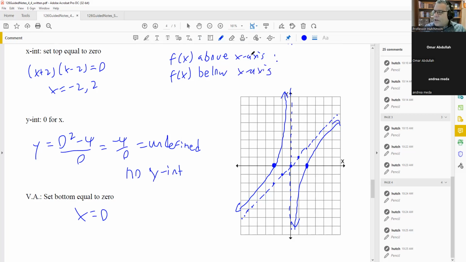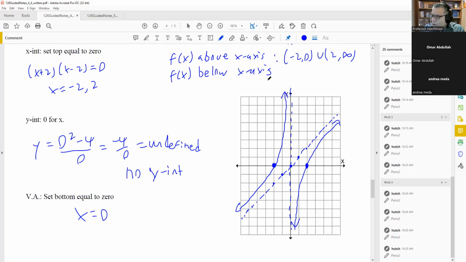So f of x above the x-axis, it's above between -2 and 0. And it's also above this section right here from 2 to infinity. So this small section here is above, and this section also it's above.